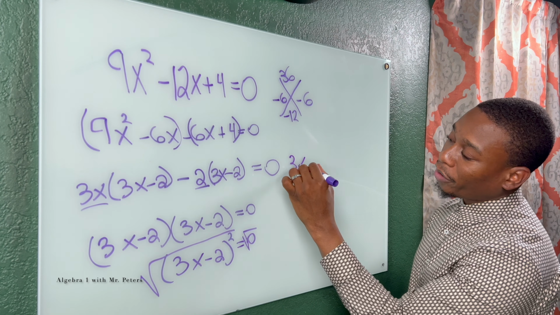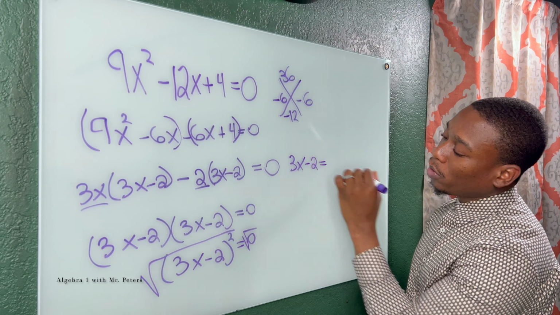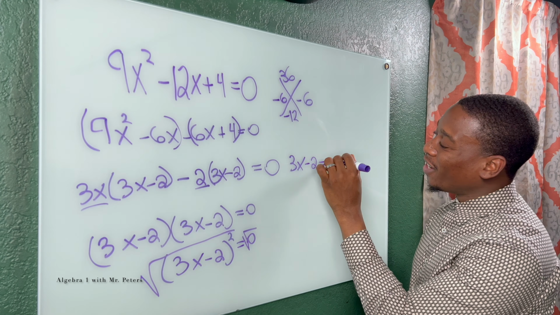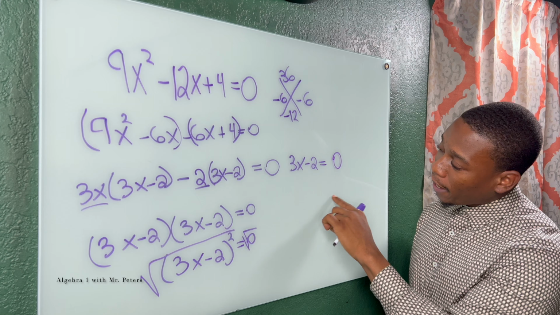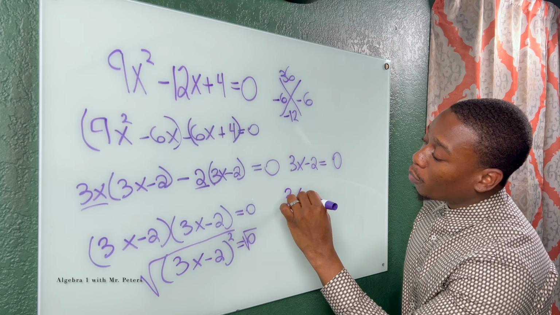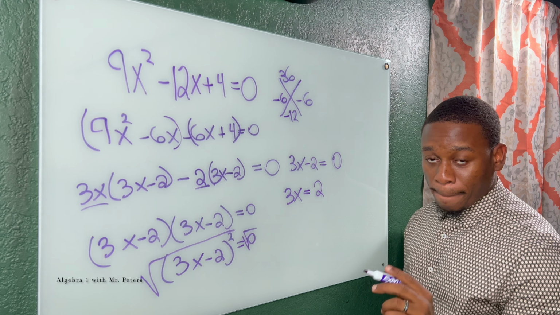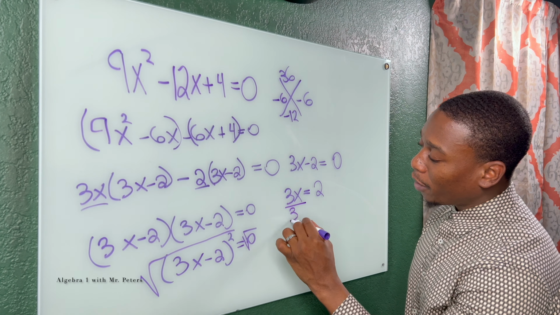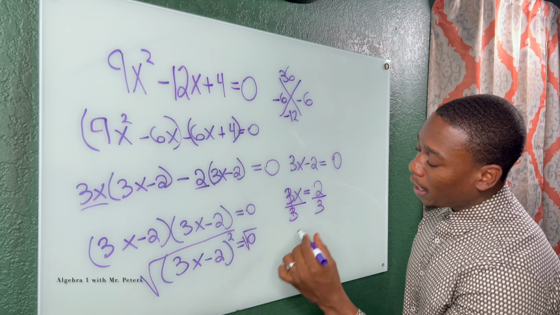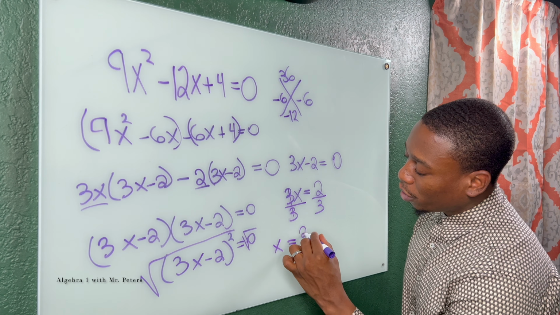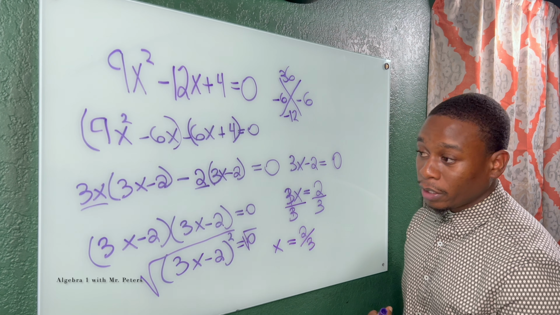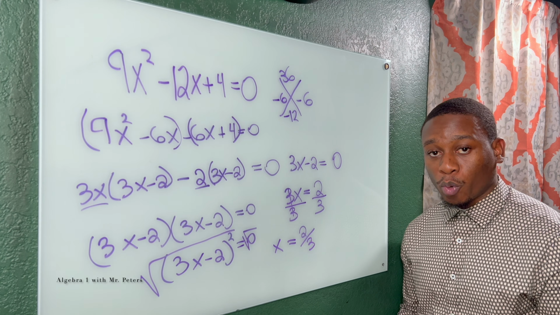We're left with 3x minus 2 is equal to the square root of 0, which is just 0. And now we're going to move that 2 over and get 3x is equal to positive 2. Now from here, we're going to divide by 3. And I know x is equal to 2 over 3. So this is method number 1.